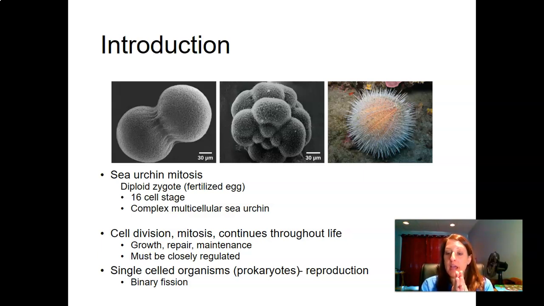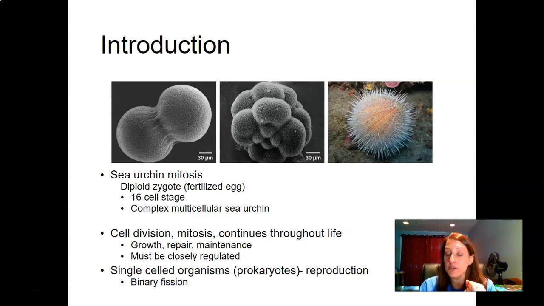Now the zygote is going to have chromosomes from each of those parent cells, and so they will go back to the normal chromosome number. So the zygote is going to be diploid, or it's going to contain two copies of each chromosome. One set was inherited from the egg, mom, and one set was inherited from dad, the sperm cell. So we end up with a diploid zygote having two copies of each chromosome.